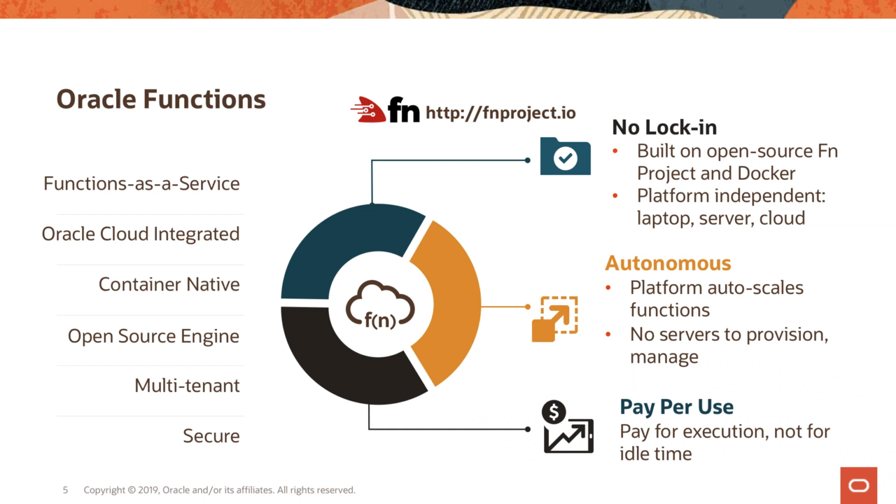The difference is that all those providers pretty much have a proprietary solution that locks you in, but using Oracle Functions based on FN, you can essentially do your development and leverage it anywhere. Again, it's pay-per-execution, only when the code is running, and it is autonomous in the sense that the platform is going to auto scale, and you don't have to manage the infrastructure components.